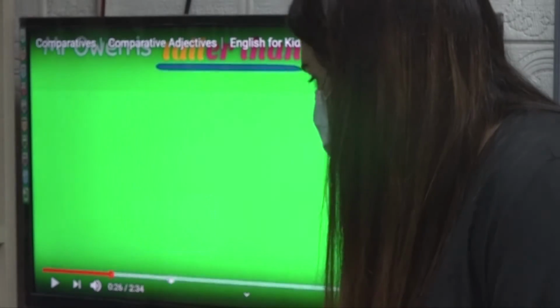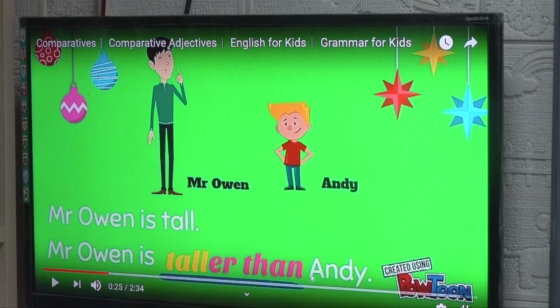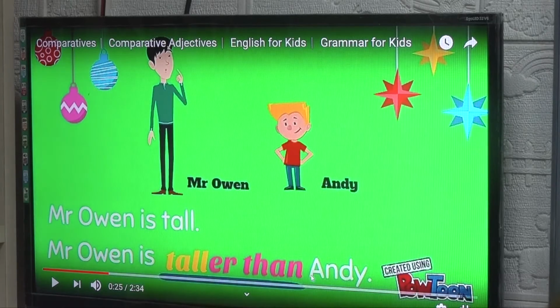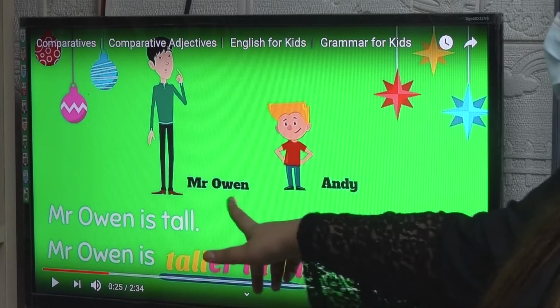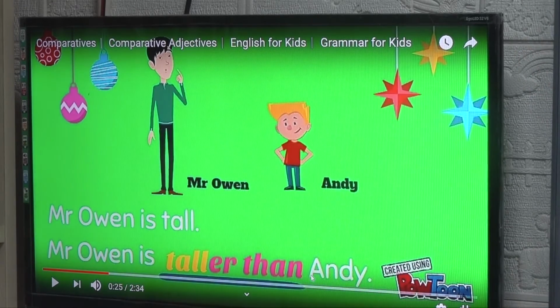So let me go back a little bit and explain. Alright, so Mr. Owen is tall. So an adjective is used to describe one thing, one noun. But if we want to use a comparative adjective, we describe two things. We compare them instead. So tall becomes taller than. Two people are being compared.